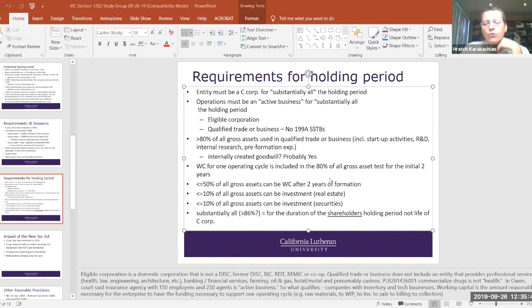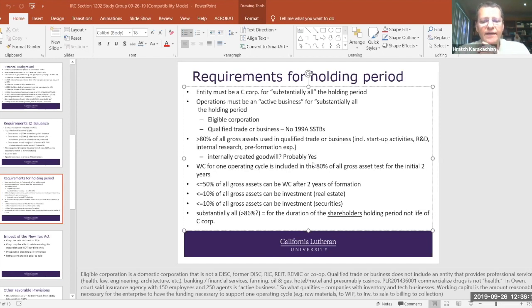There are two areas where there is some guidance from the IRS. One entity was providing consulting services for drug medication, doing research and development on medication, and the IRS said that was okay.